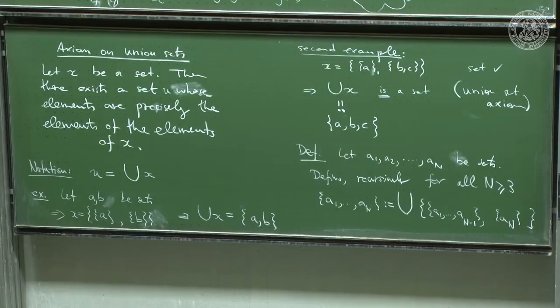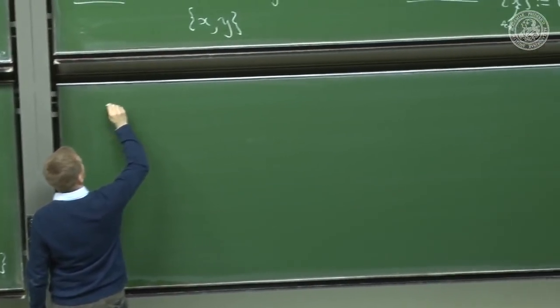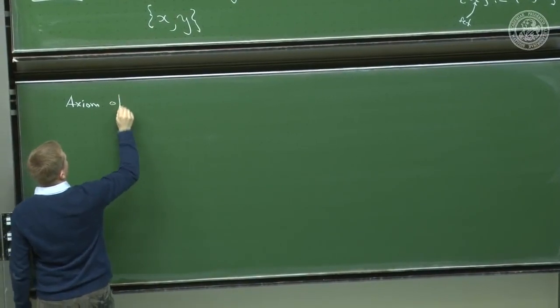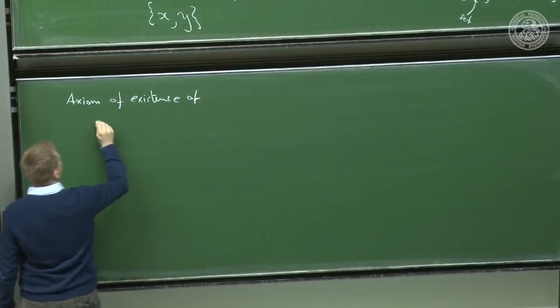Okay, there's the replacement axiom. I would like to first write down the axiom of the power set, simply because the replacement axiom takes a little bit more work. So axiom of existence of power sets.